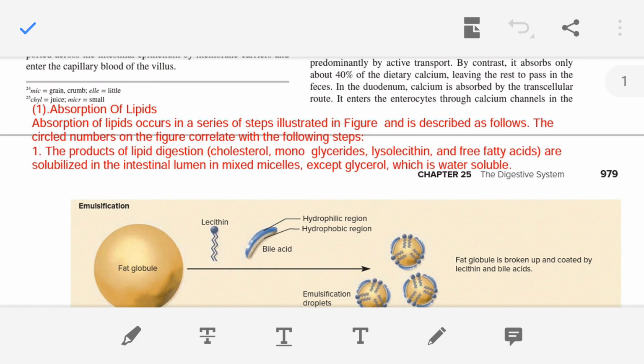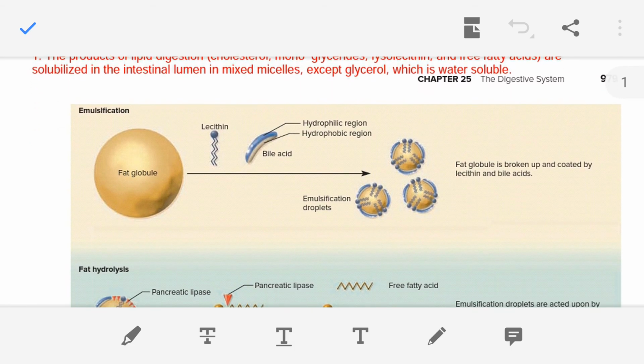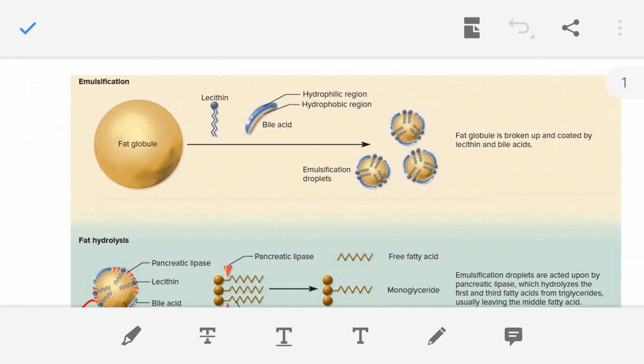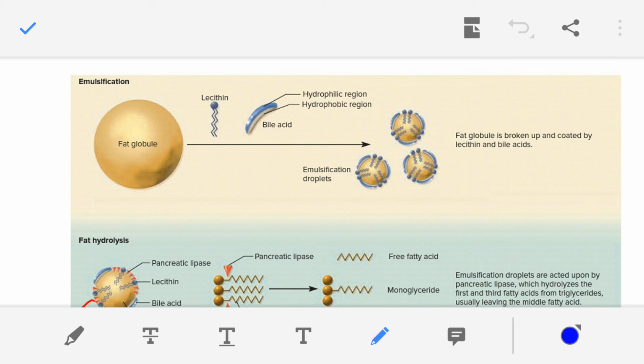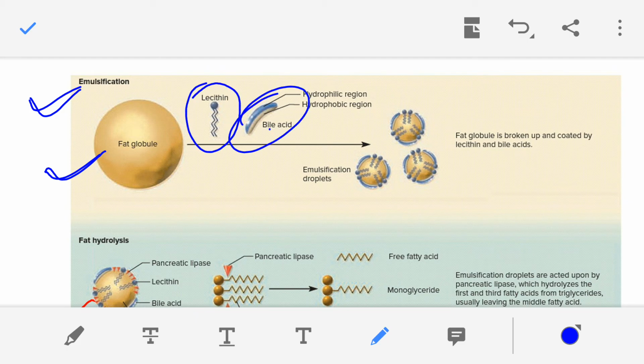Now before we proceed in this topic, I would like to revise a few concepts. First, the emulsification concept. In the figure, a large fat globule is shown, and we have learned that its surface is covered by lecithin and the bile acid, and these two decrease the surface tension.